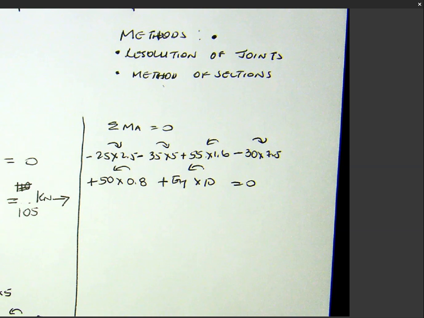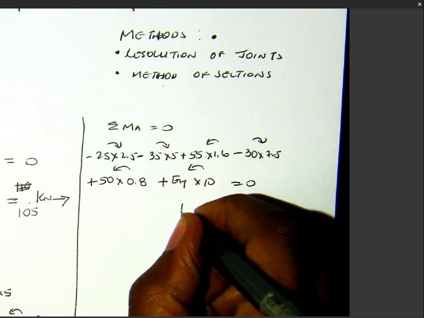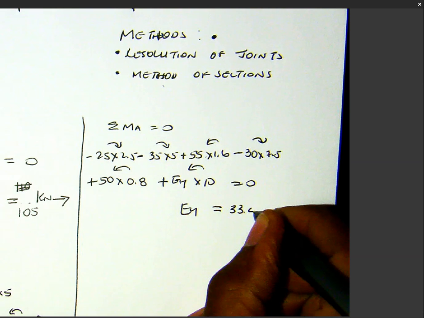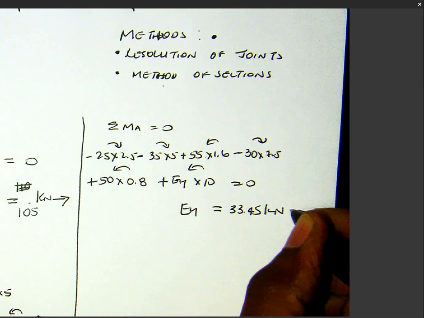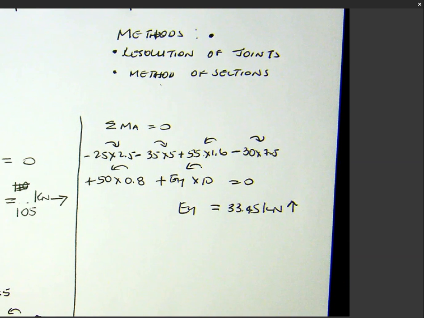Take it to that side of the equal sign, it becomes positive. Then you divide by 10. Then you get EY equal to 33.45 kilonewton, and my answer is positive. That means my assumption that EY is going up is also correct.